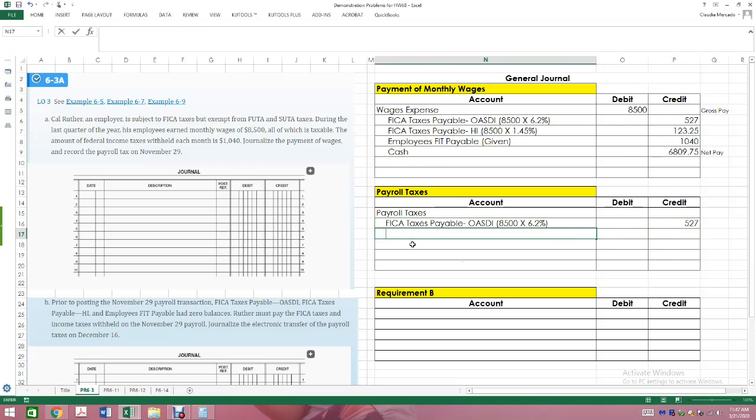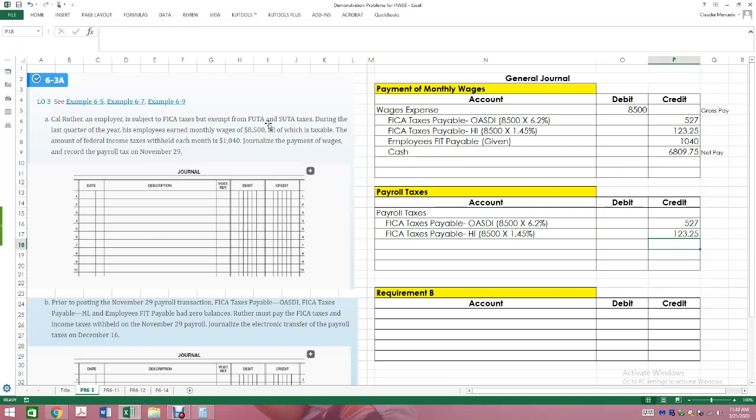And then we have FICA taxes payable, HI. And then we have the 8,500 times the 1.45%. And that gives us 123.25. So in this case, the employer only has to pay these 2 taxes.